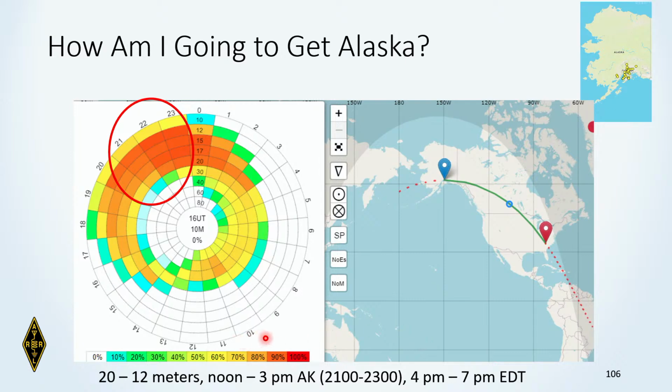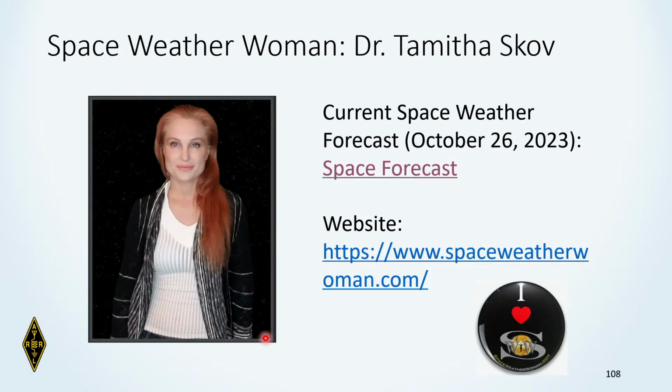Right. Okay. So I wanted to introduce you to Tamitha Skov. If you haven't heard of her before, I got to see her in person at Hamvention a couple years ago. She's usually there. She's known as the Space Weather Woman. And if you are kind of enthused, she's got a merchandise link on her website. You can order t-shirts and coffee mugs.